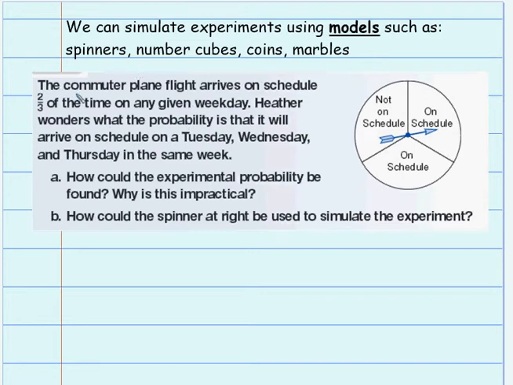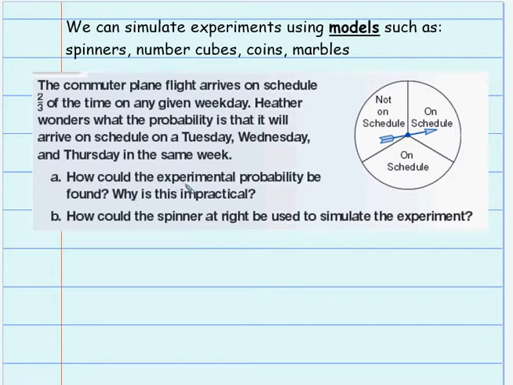So a commuter plane arrives on schedule 2/3 of the time on any given weekday. And now Heather's wondering what the probability is that it will arrive on schedule on a Tuesday, Wednesday, and Thursday in the same week. So not just on any given weekday, she wants these 3 in a row. So how could the experimental probability be found, and why is this impractical?